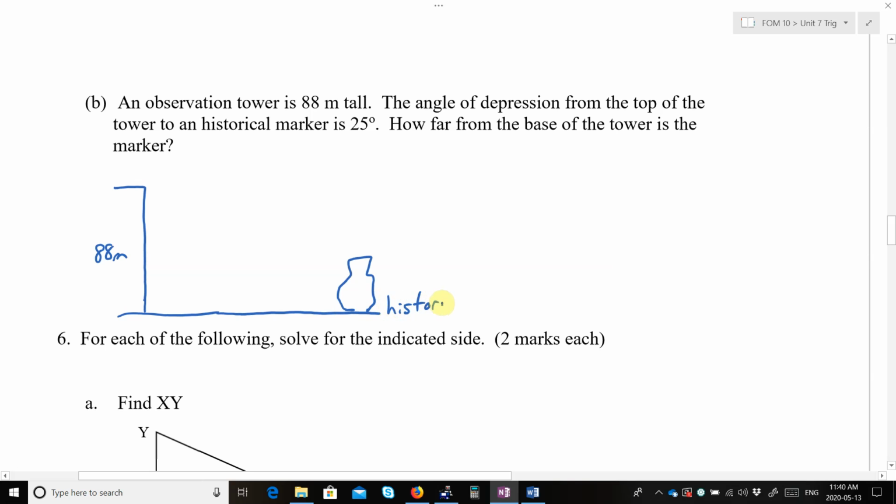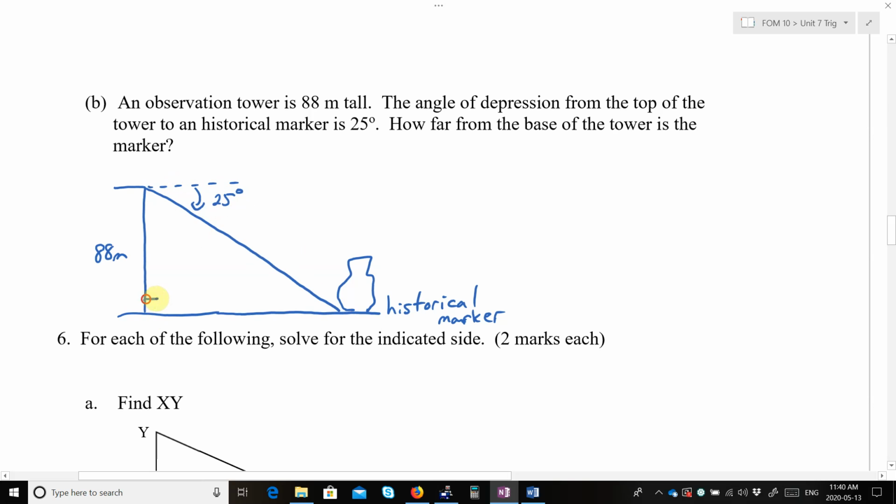So here's our historical marker, and the angle of depression from the top of the tower is 25 degrees. The angle of depression is the angle that you go down from this dotted horizontal line, so the angle of depression down to the historical marker is 25 degrees.